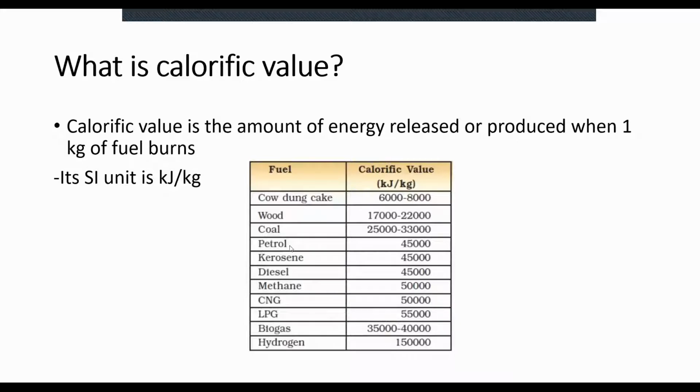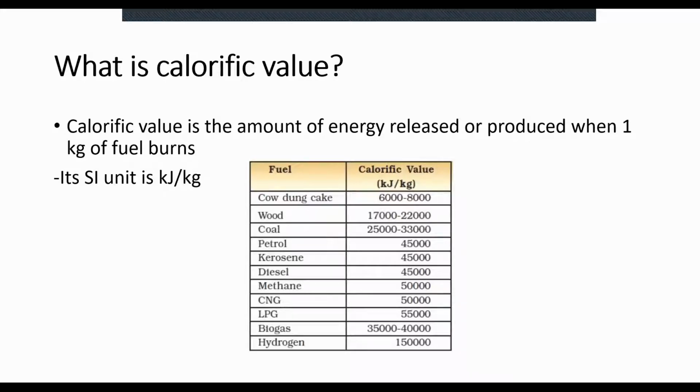The difference is that petrol and kerosene are liquid fuels, but LPG, CNG, biogas and hydrogen are gaseous fuels. Kerosene, petrol and diesel are in liquid form, and wood and coal are in solid form.